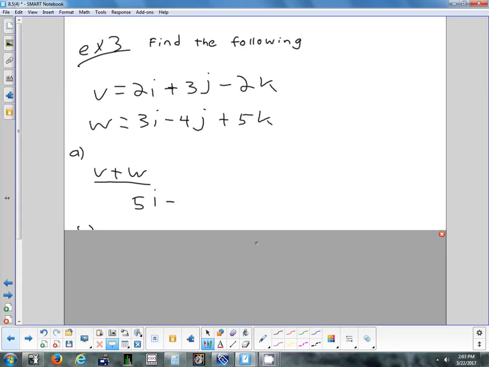Yep, so you could put -1J or just -J. And Denver, the K component. 3. That's it. So if you're going to add them up in 3D, that's all you got to do. Or if you want to write it with the angle bracket, put 5, comma, -1, comma, 3 in those brackets.